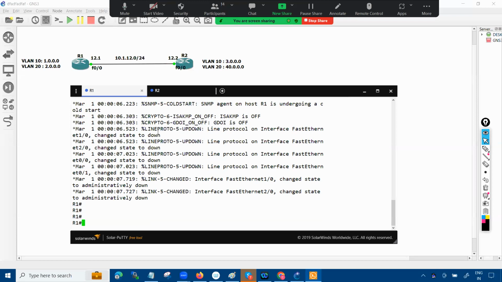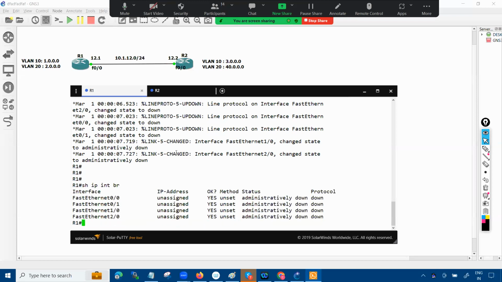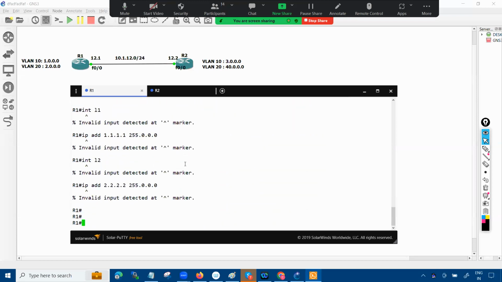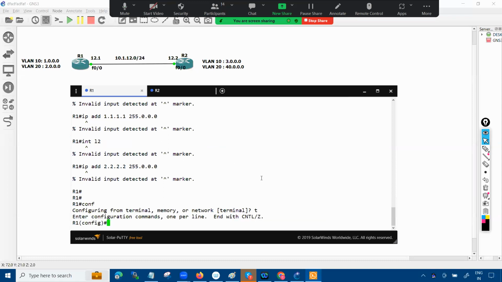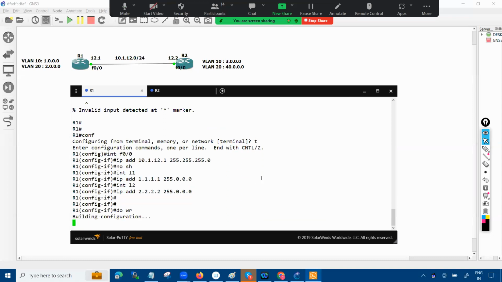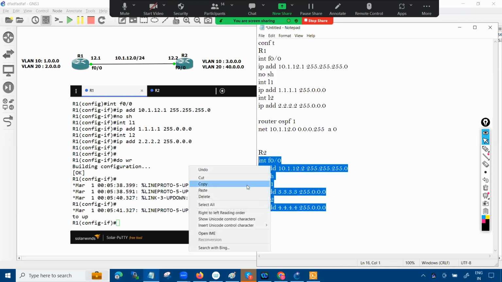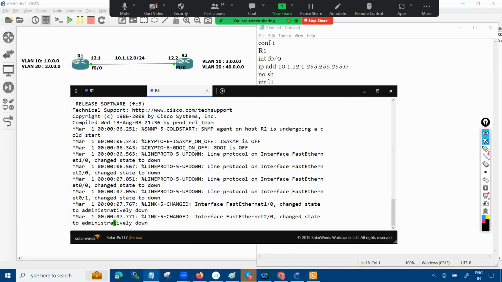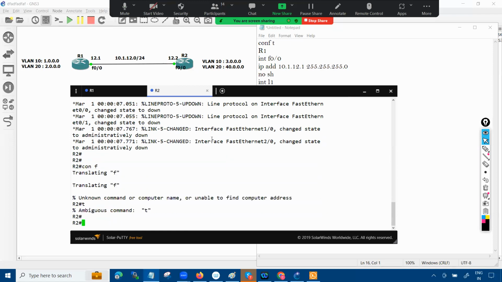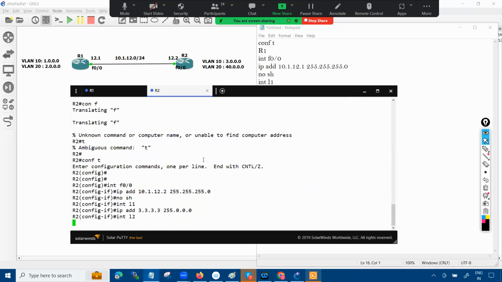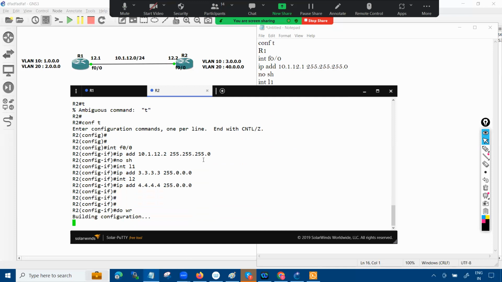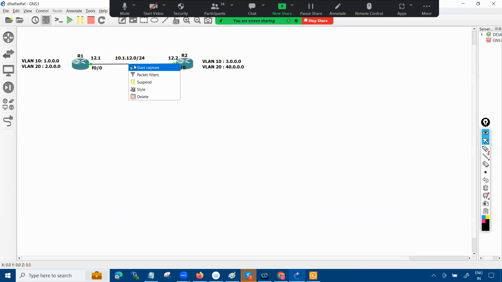Now let's see, do we have any configuration? No, let's configure it. Now what I can do is capture this particular link.